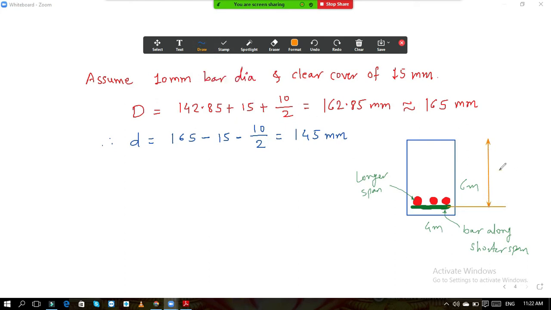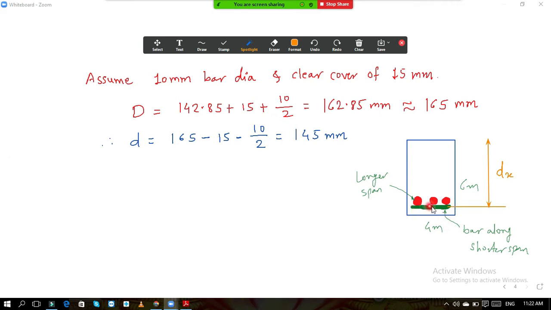Okay, so I will call this dx. Now we have calculated how: from this point up to this bottom, this total is 165, correct. From that we have minus this clear cover. So clear cover is at the bottom of this bar, so it is 15 mm. So 165 minus 15 we have done, it is 150.